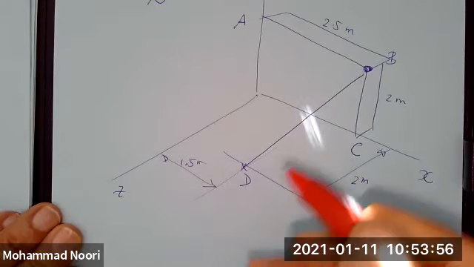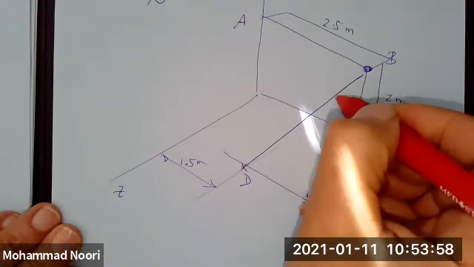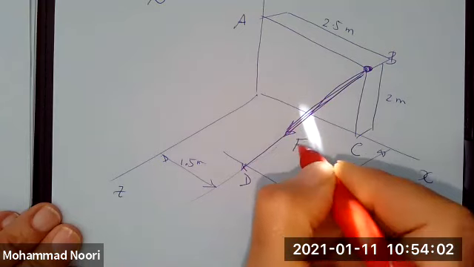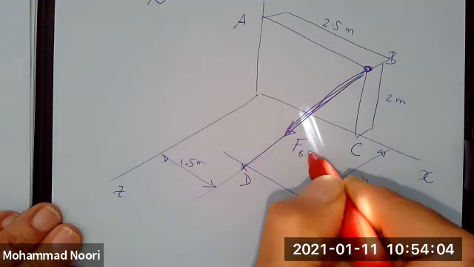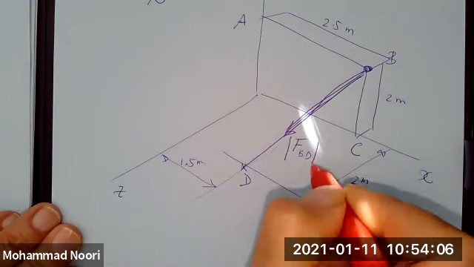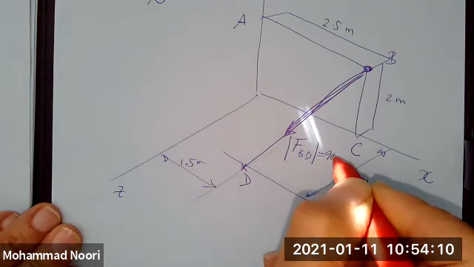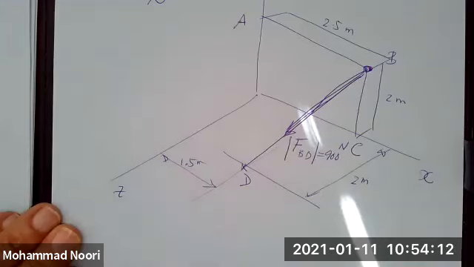So the problem is stating that a force is acting along this cable, and the magnitude of this force is given as 900 Newtons.